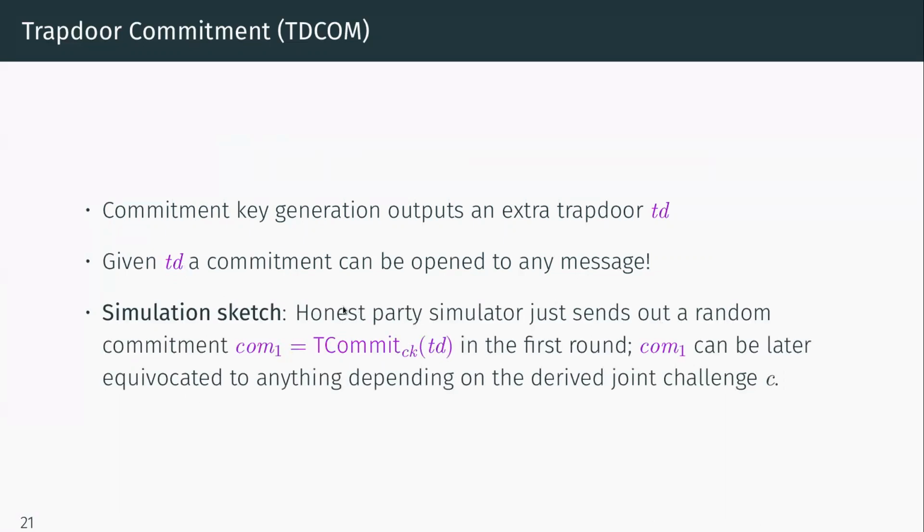Using this trapdoor property, we can make the simulation work. Now the honest party oracle simulator just sends out a random commitment in the first round. This commitment can later be equivocated to any message, depending on the derived joint challenge after you receive the commitment share from the adversary.